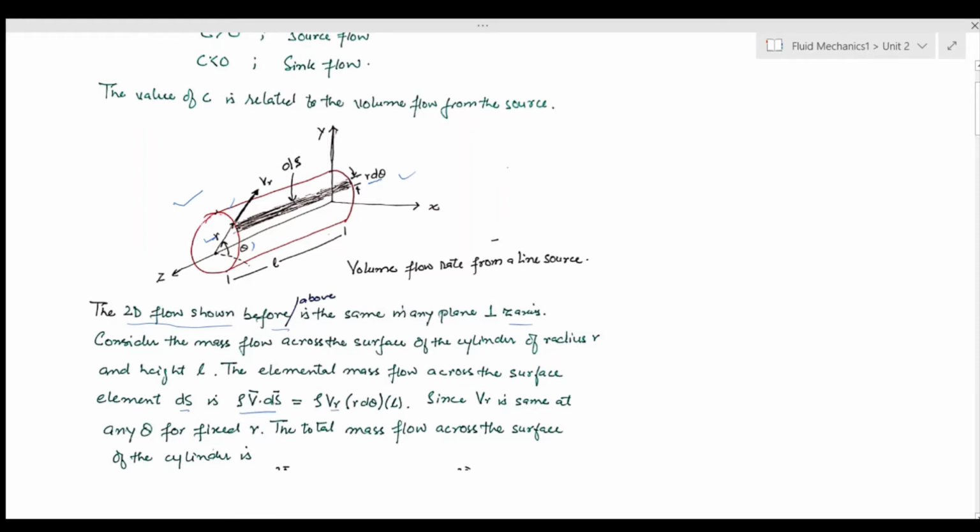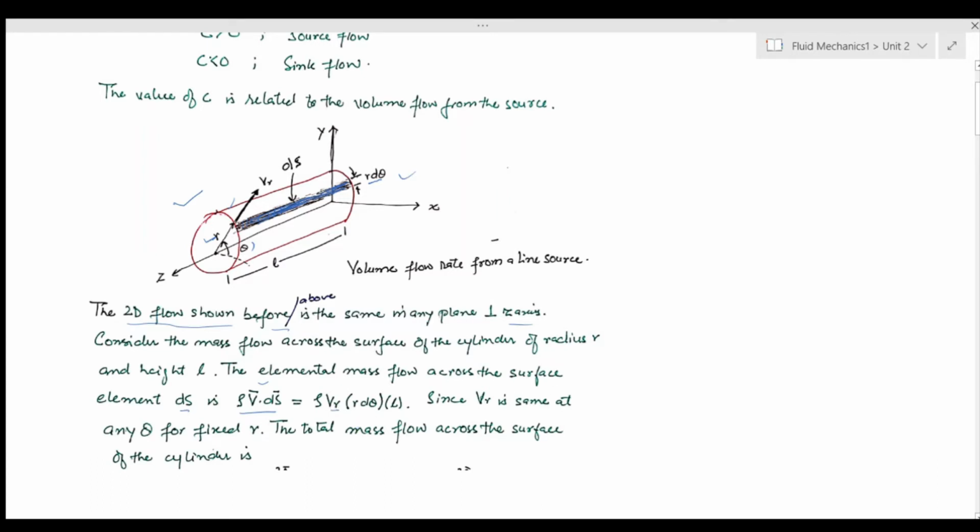And we know the area: the area is r d theta times L, this complete shaded portion which you are seeing here is what this ds is. Also look at the vector representation. So it's rho v dot ds, and finally it came out to be rho vr r d theta times L.